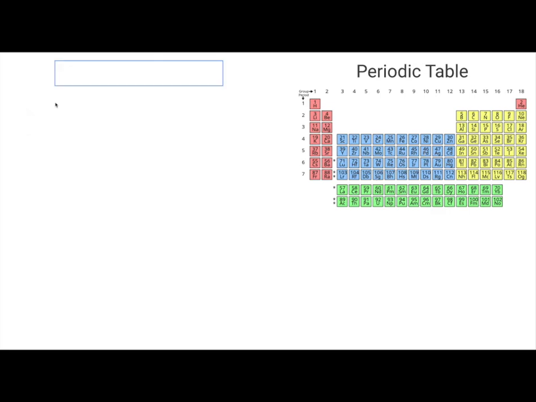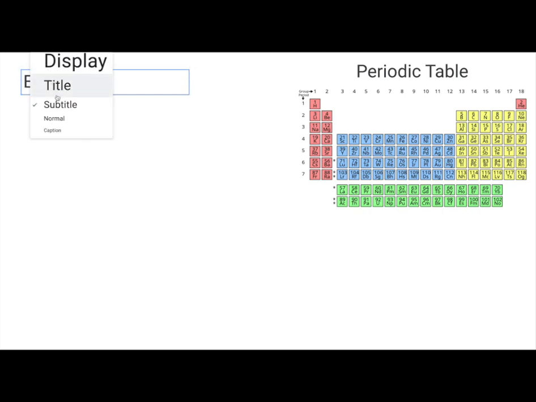Well, all an element really is, is a substance which only consists of atoms which have the same number of protons.